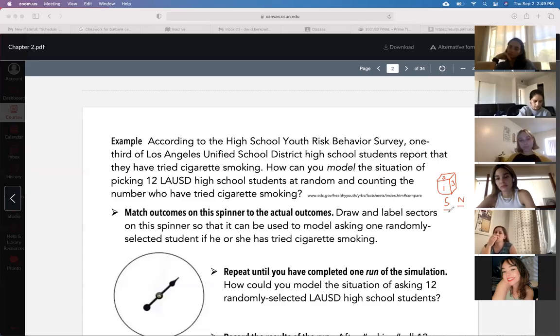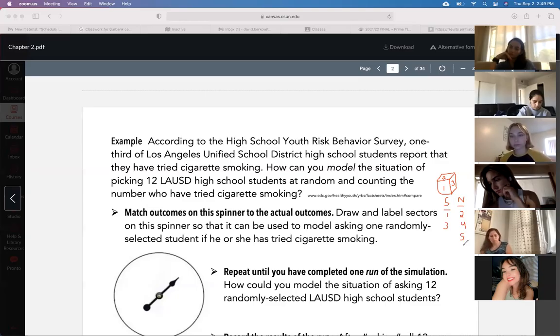You would assign specific numbers. Okay, so give me an example. What can I assign for smoking and non-smoking? Like 1, 3 could be smoking, and then 2, 4 could be non-smoking. And how about 5 and 6? Non-smoking as well.